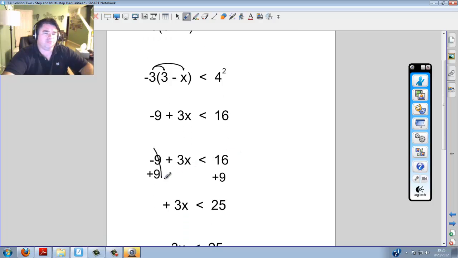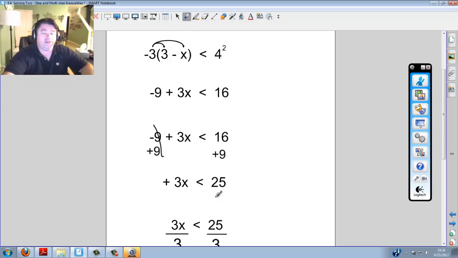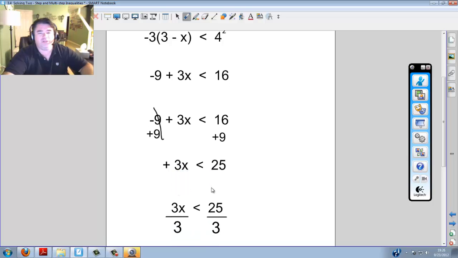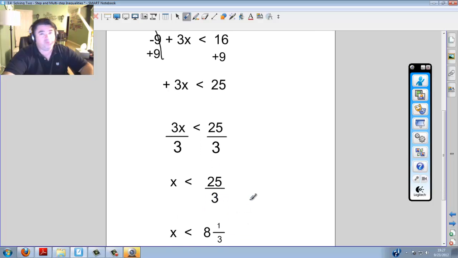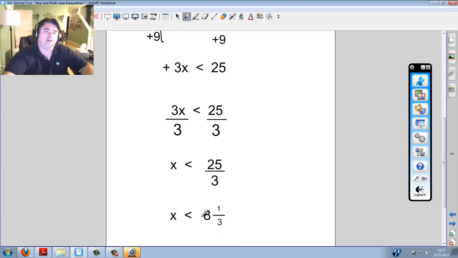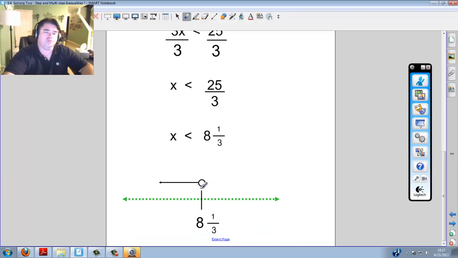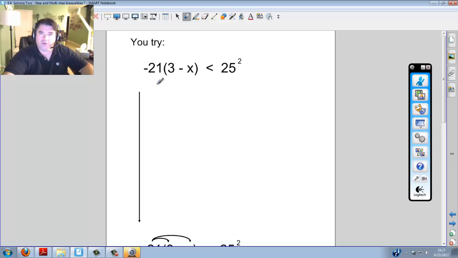So these cancel, and this is going to make 25. Now instead of times 3, divide by 3, divide 3 on one side, divide 3 on the other. Really, I would be happy with this, 25 over 3. However, for those who have a higher standard, 8 1/3 is certainly acceptable. And now less than sign, so open circle, and less than at the 8 1/3 mark. You try, go ahead.